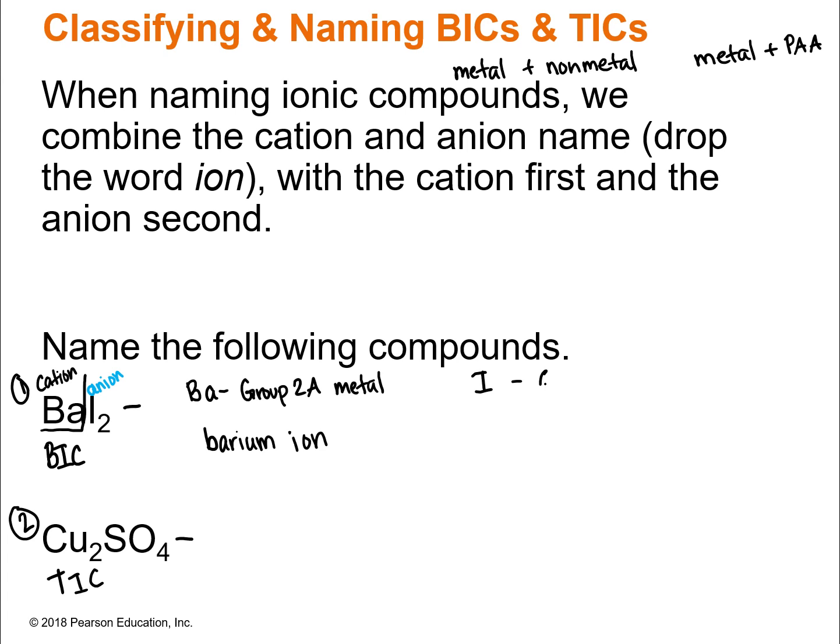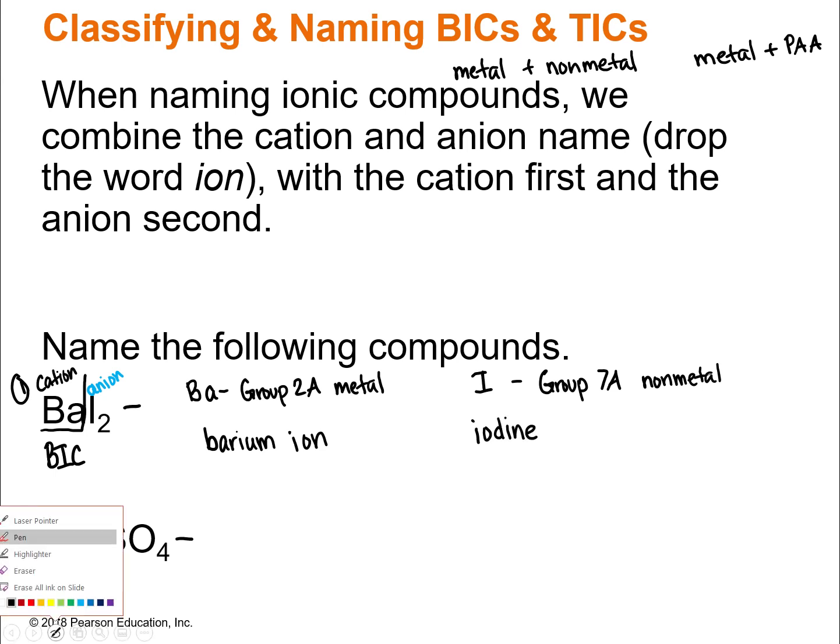Iodine is in group 7A. It's our nonmetal. And we said to write the name of the monoatomic anion, we get rid of everything after that first syllable and replace it with IDE.